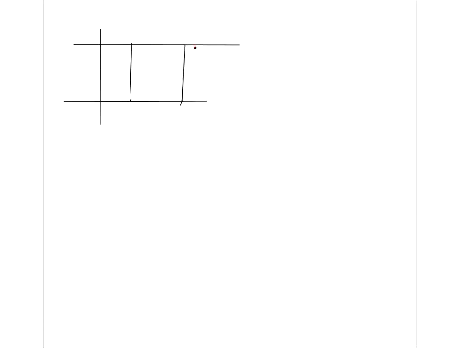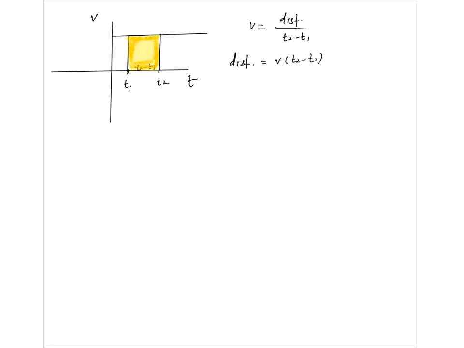Right now, you have to deal with a straight line, only straight line, either straight or inclined. I will talk about inclined soon. This is flat. Flat is the easiest. For flat, you get a rectangle. And area of rectangle is this height, which is v, and this thing, which is t2 minus t1.